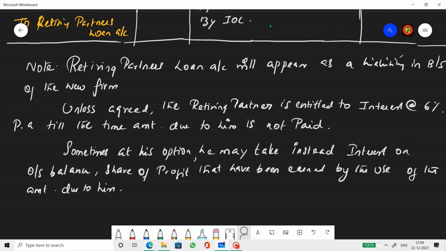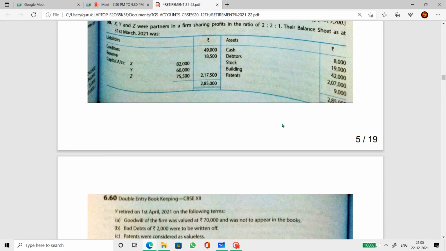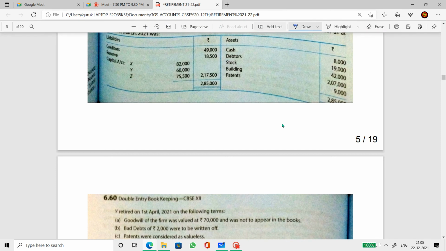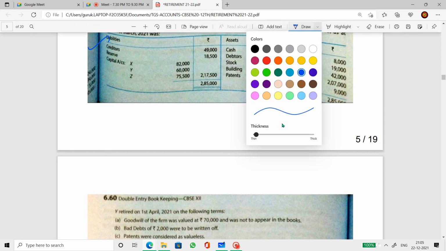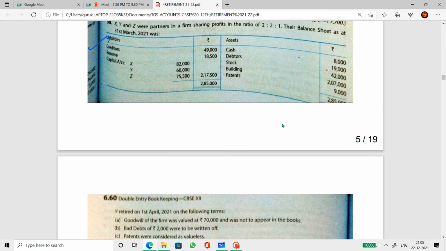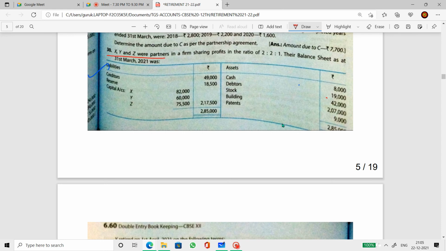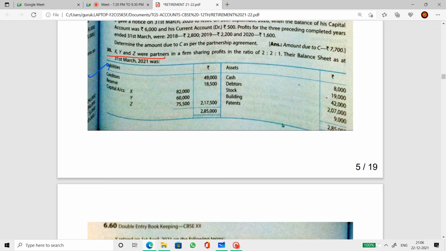Now let's do a sum in order to inculcate all. So I'm choosing question number 30. Here X, Y, Z are partners in a firm, sharing profits and losses in the ratio of 2:2:1.